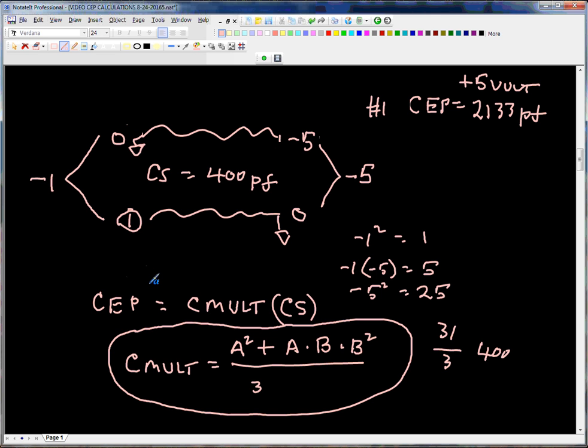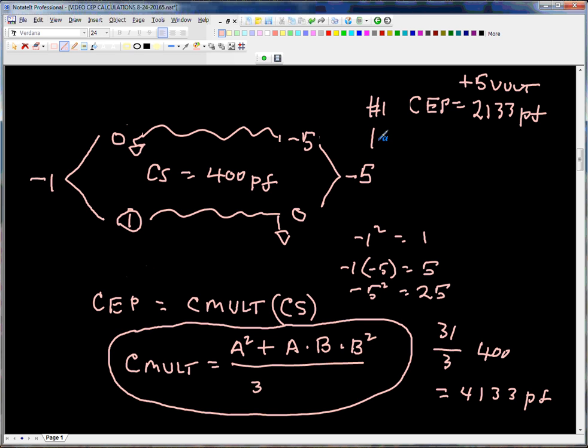So what is that? 31 divided by 3 times 400 equals 4133 picofarad.